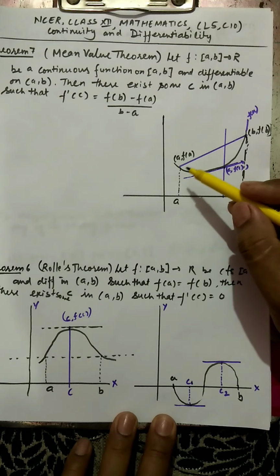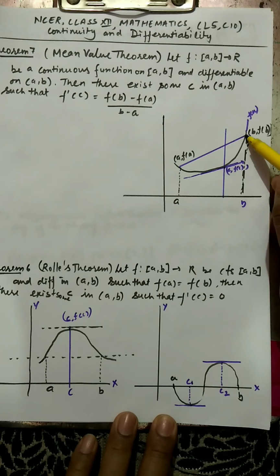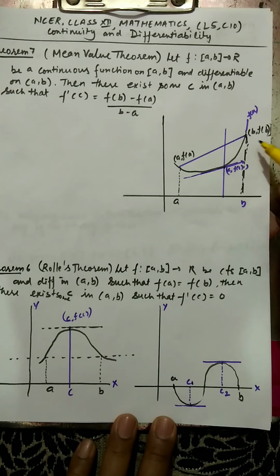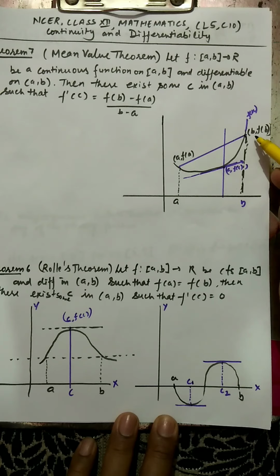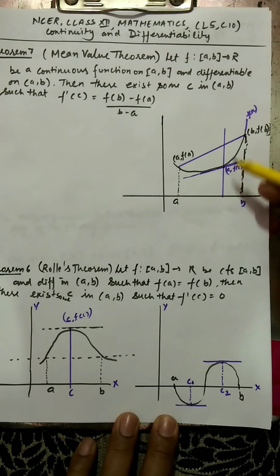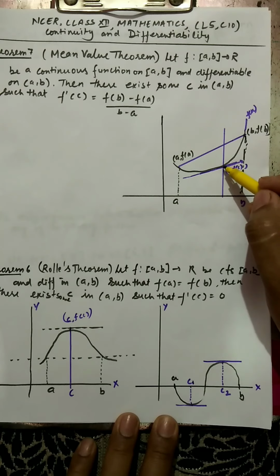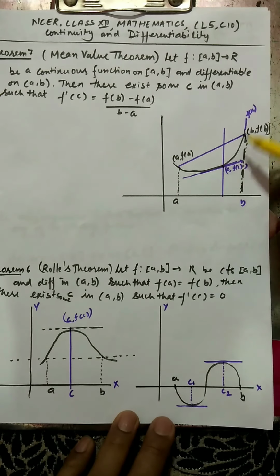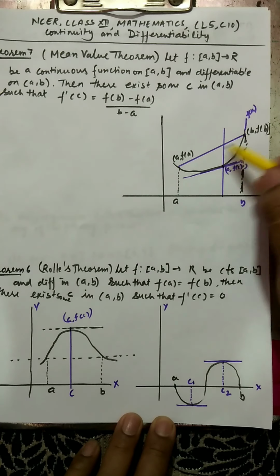Now take these 2 points. If I would like to find the slope, it will be (f(b) - f(a))/(b - a), that is (y2 - y1)/(x2 - x1).